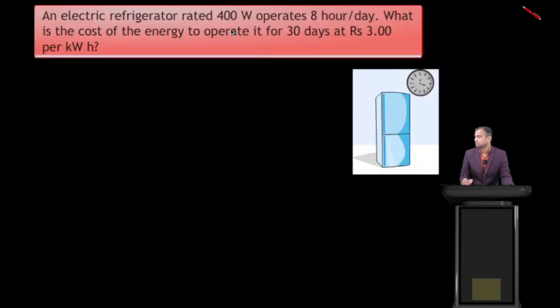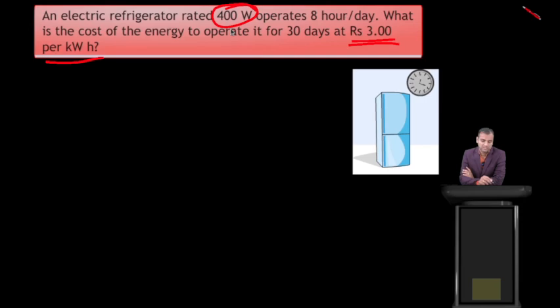An electric refrigerator rated 400 watt operates 8 hours per day. What is the cost of energy to operate it for 30 days at rupees 3 per kilowatt hour? So this is again the charge of electricity, rupees 3 per kilowatt hour. Okay, so again, what is given to us?